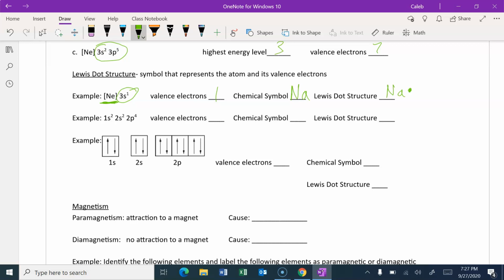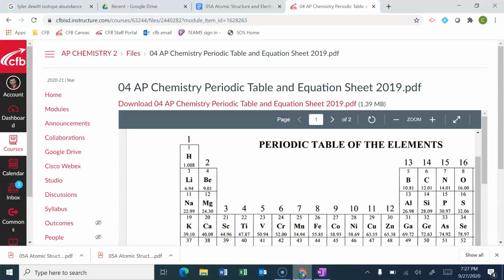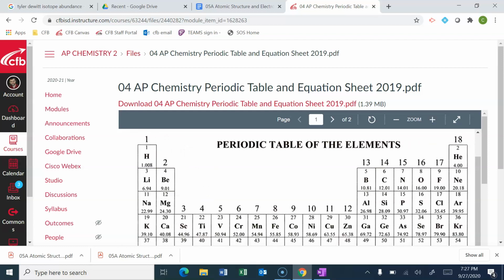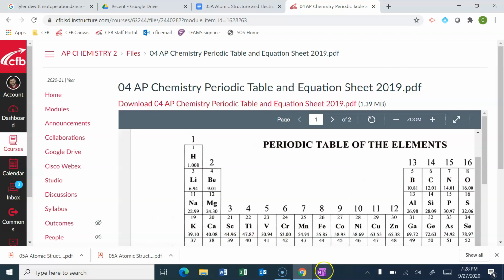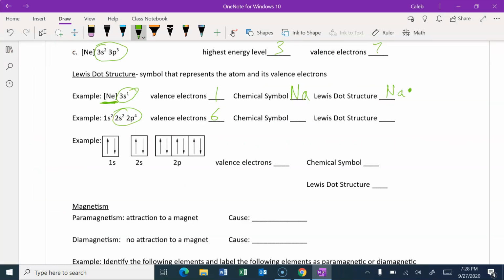1s2, 2s2, 2p4. All right, these are my valence electrons. 2 plus 4 gives me 6 valence electrons. The chemical symbol for this, well, 2nd row, 2p4 was the end of it, so the 2nd row, the p block, 1, 2, 3, 4, that would be sulfur. 2p4 is sulfur.